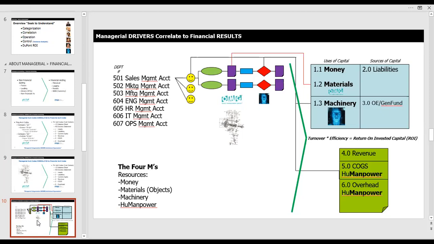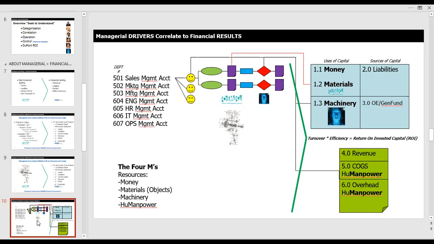Okay. And human power, instead of just manpower, human power is an expense found on your income statement. And this is really interesting to know, because when we're talking to people in the institution, we don't always see them necessarily as an expense that we're trying to make more efficient, but that's really where it's coming from.